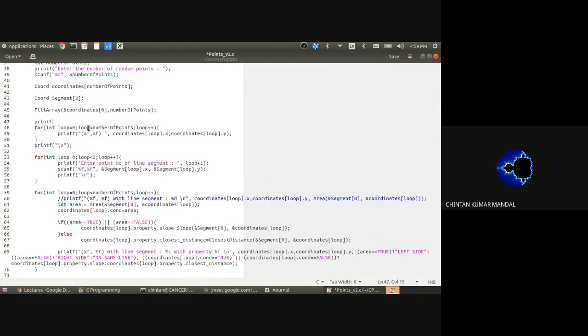Printf the list of percentage d random points are slash n.